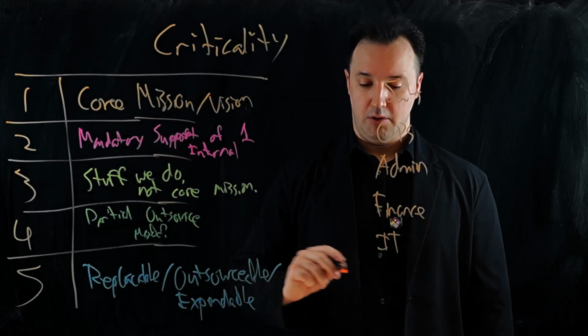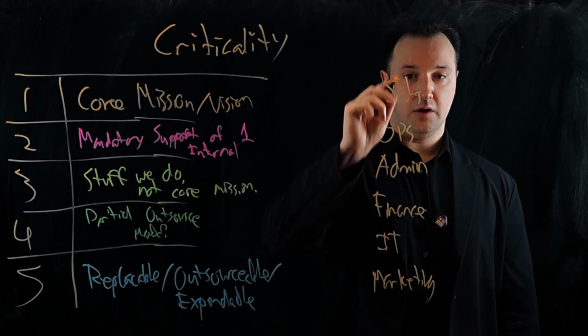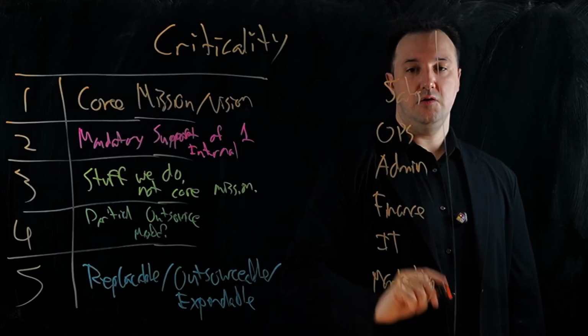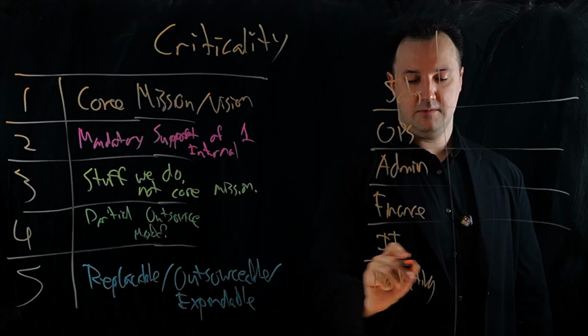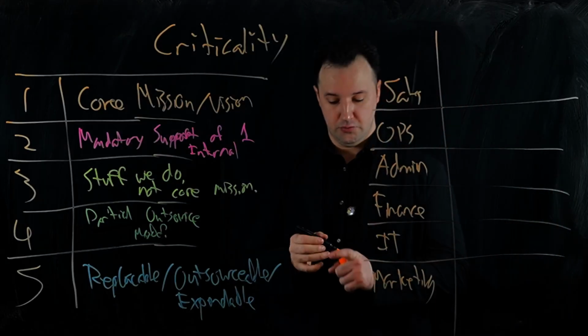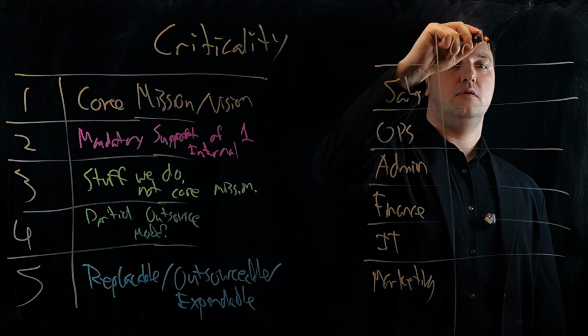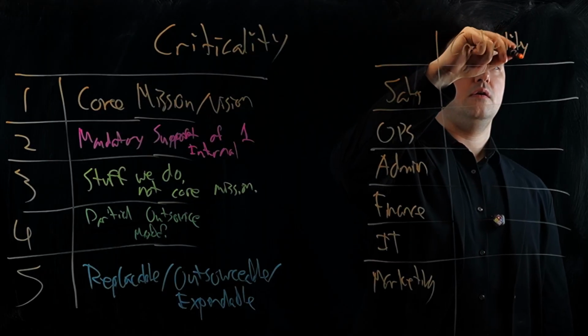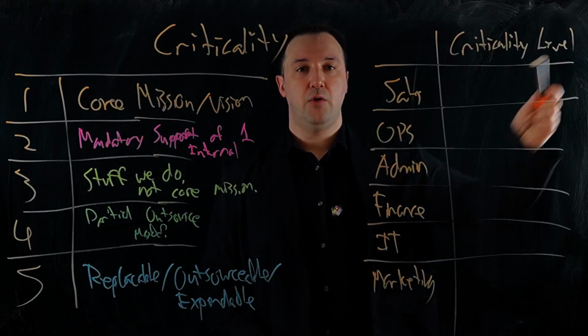And then I put down marketing. You've got your 6 things. You've got a magical chart. And then you're going to write down your criticality level, and then why.